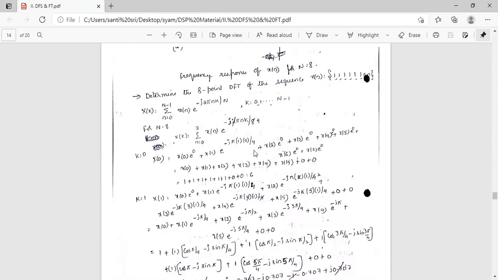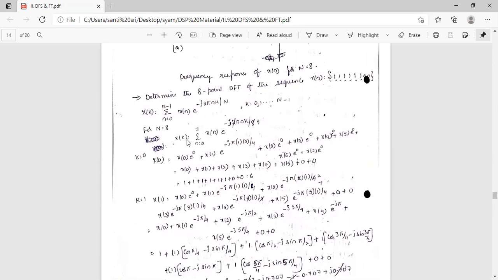If k is 0, then x of 0 equals sigma x of 0 into e power 0, that is 1, plus x of 1 into e power 0. Here k value is 0, so all the e powers become 0.